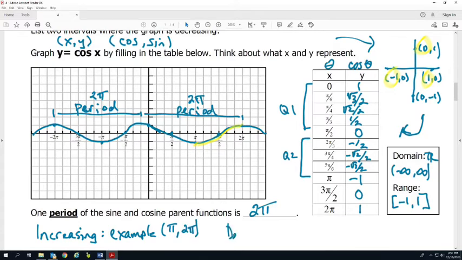An example of where it's decreasing. Let's see, change that color. So where it's decreasing would be, I did not draw that very well, did I? Right here, this should have leveled off right here. How did I do that?